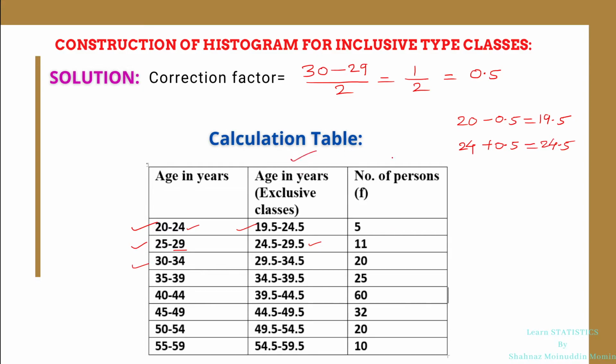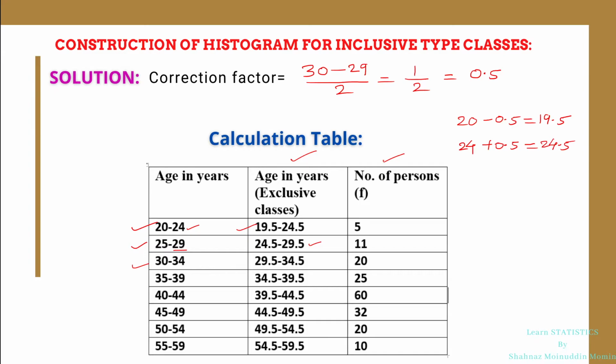Then we will plot the histogram for the age in years converted into exclusive classes and number of persons denoted by small f. In order to plot a histogram, I will take age in years in exclusive classes on the x-axis and the number of persons along the y-axis.